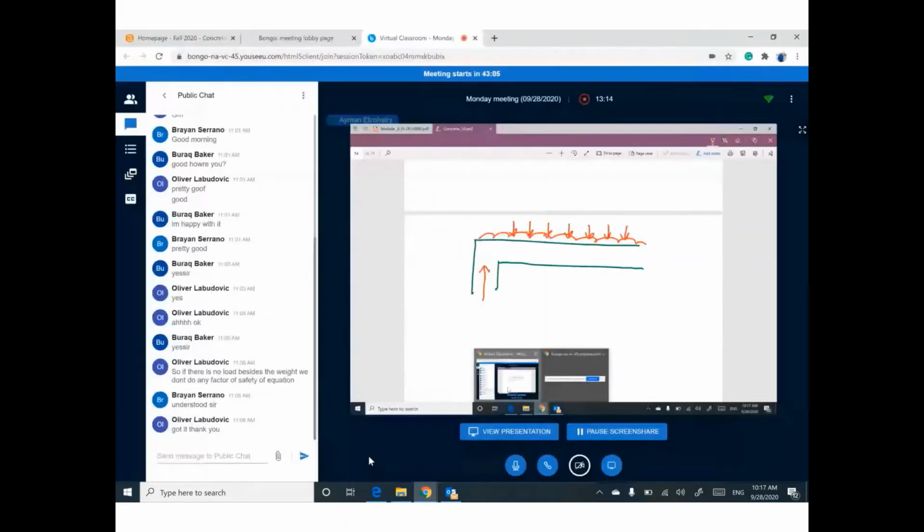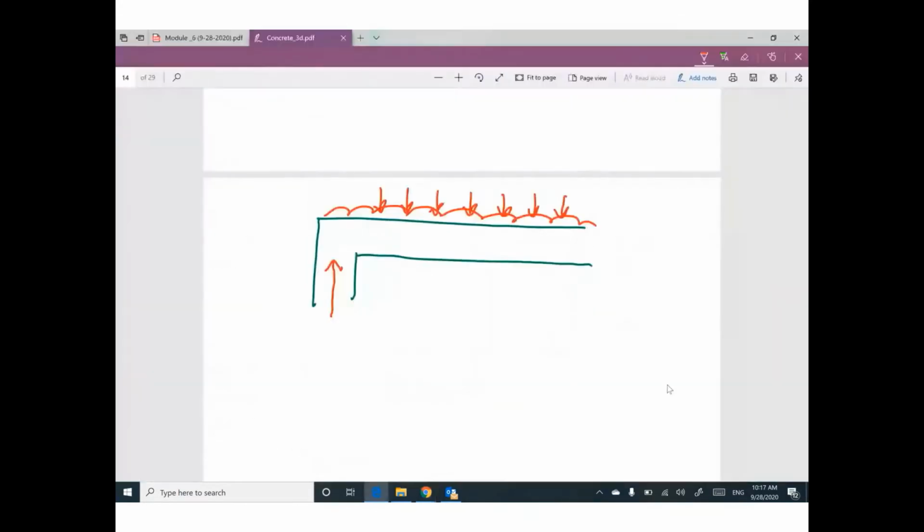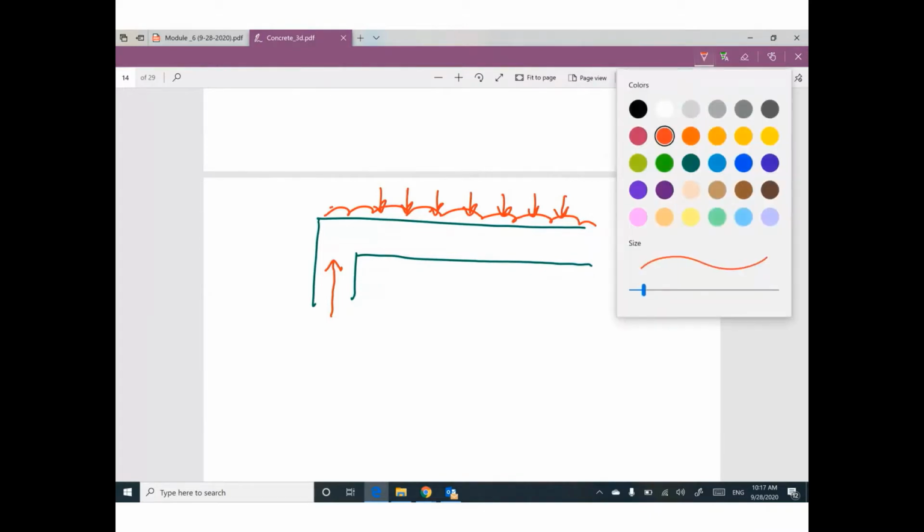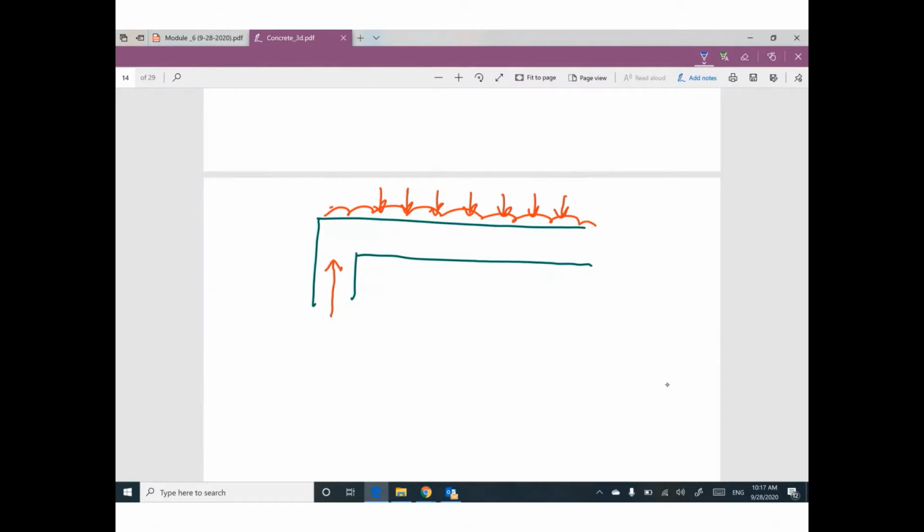And this reaction would like to push this part of the beam up. So I'm going to expect a crack like this, because the uniform distributed load will move this part of the beam down, and this reaction from the column would like to move this part of the beam up. So we can expect a crack at this location.